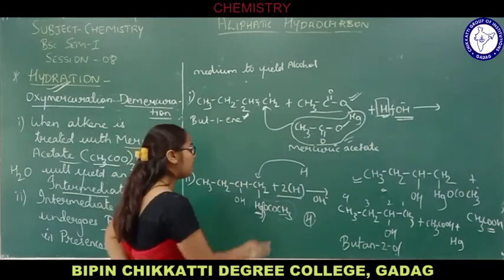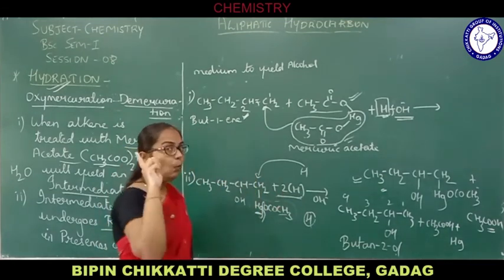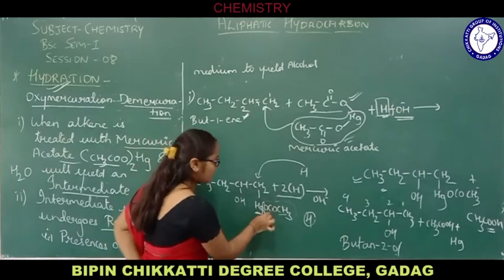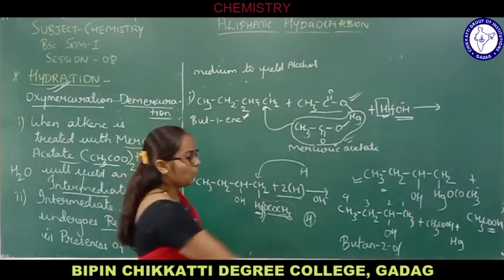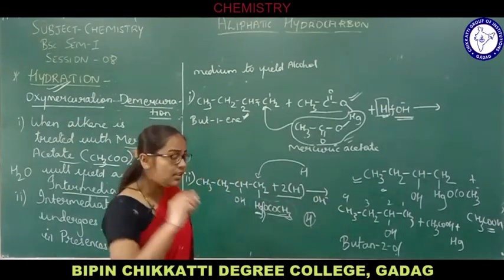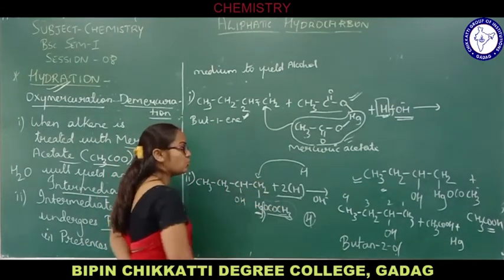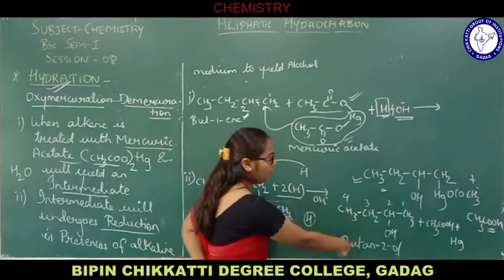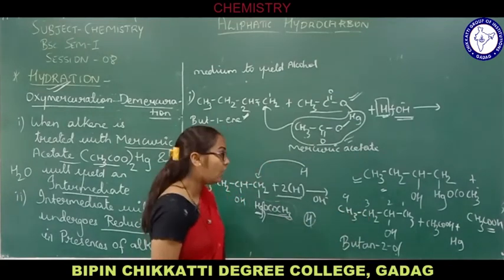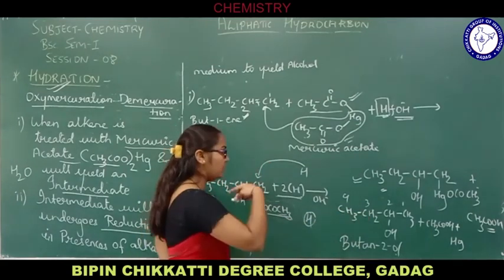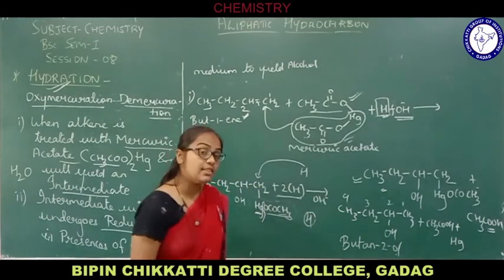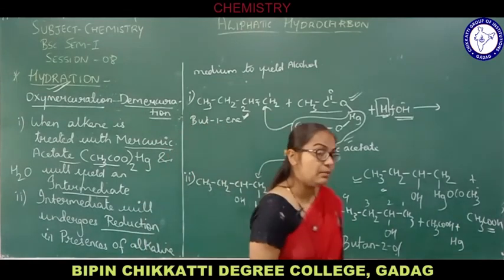Out of 2 hydrogens, 1 hydrogen will get attached to this acetate ion to form acetic acid. Another hydrogen atom will get attached to this CH2 group, as you can see, to form butan-2-ol, and the Hg will be set free. So this is how the 2-step reaction takes place.